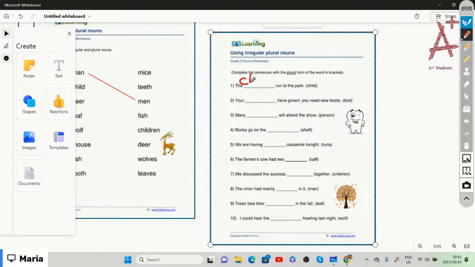Ooh, children. Your foot have grown. You need new boots. Your feet. Many person will attend the show. We say many people.